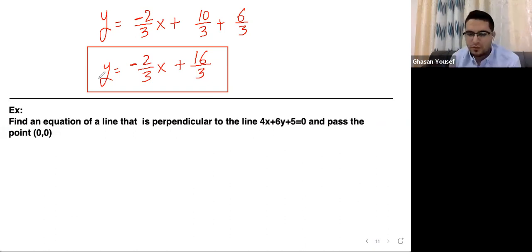So again, I'm looking for the equation of the line. This line is perpendicular to the other line, and this line also passes through the point 0, 0. First of all, we should know this line 4x plus 6y plus 5 equals 0. We solved it in the previous example.